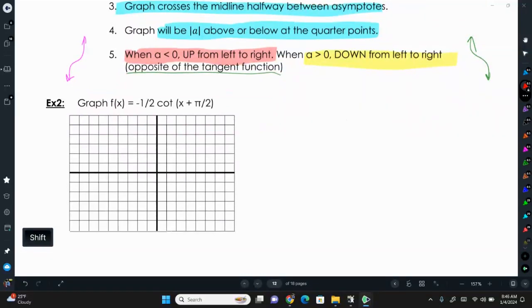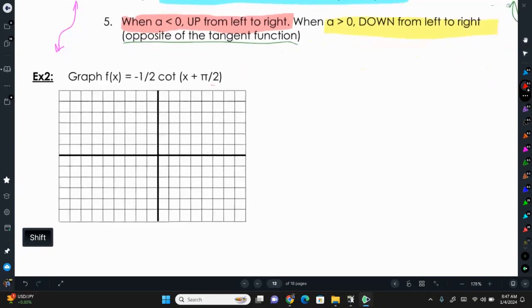And just like with sine and cosine graphs, when we shifted left or right, you could say, well, if we shift left or right, it's going to look just like a sine function, even though the original was cosine. And this one could look just like a tangent function because we are shifted left pi over 2 units. So let's do our asymptotes.